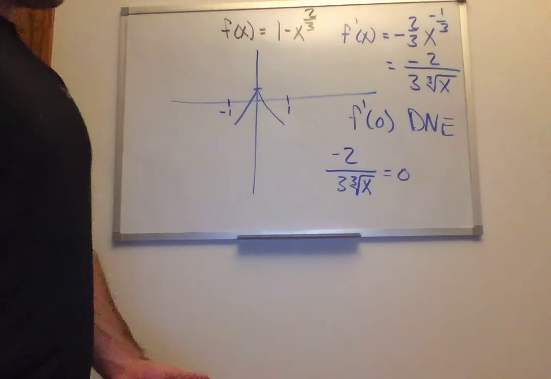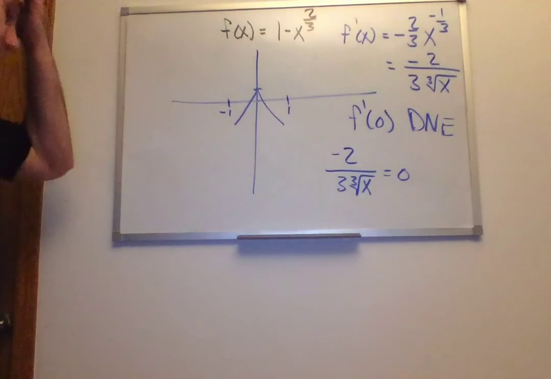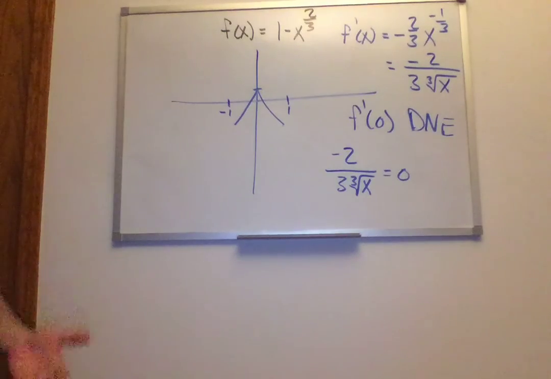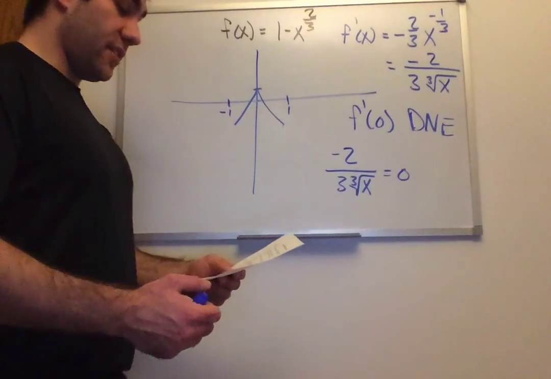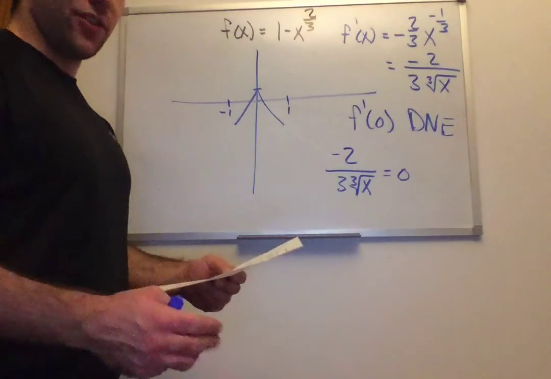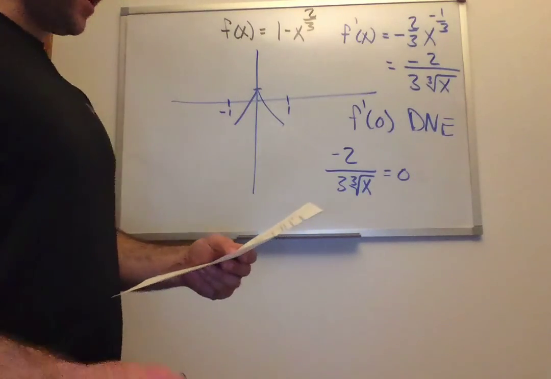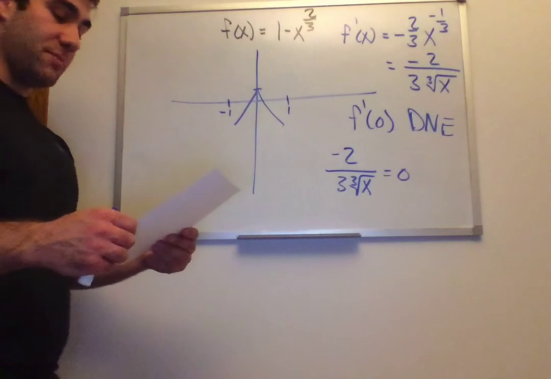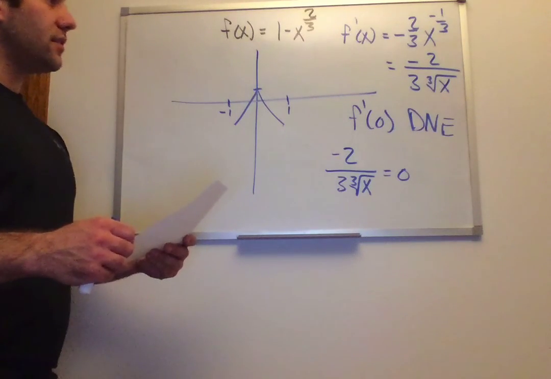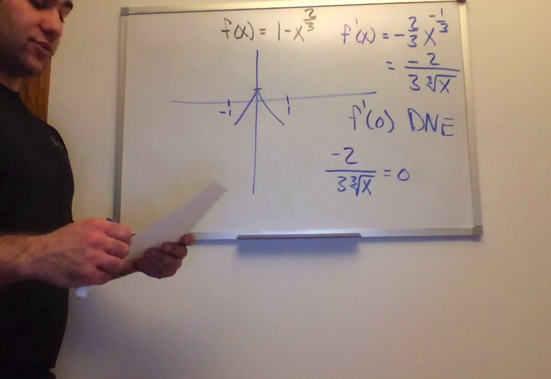So therefore, Rolle's theorem is not contradicted because we don't satisfy the second condition. Okay, the first condition's good, the third condition's good, but the second condition, f is differentiable on the open interval a to b, is not true.